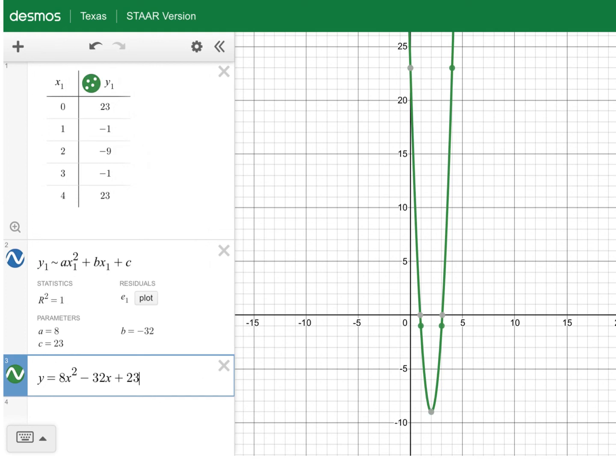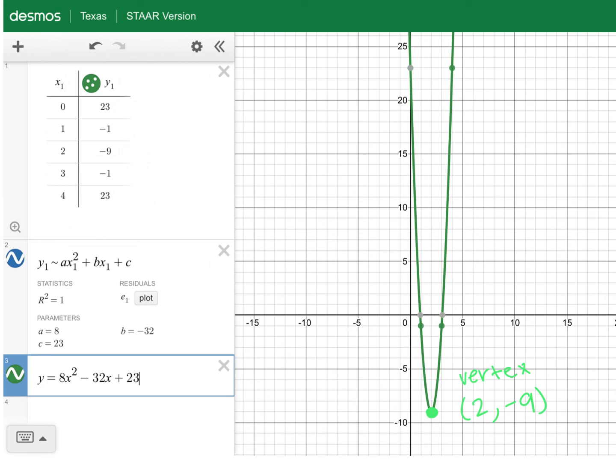And now we can find all of the key properties. So our vertex, remember the turning point, it's decreasing, then turns to increasing. So the vertex right here, if you were to click on this in Desmos, it would just give you the point. Our vertex is 2, -9. So this is our vertex.